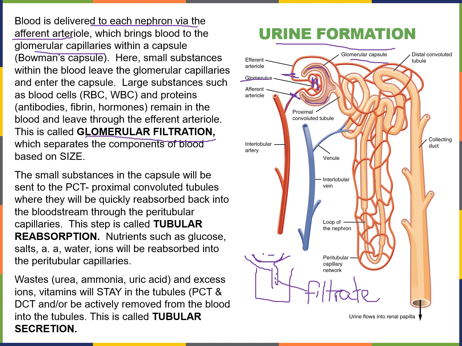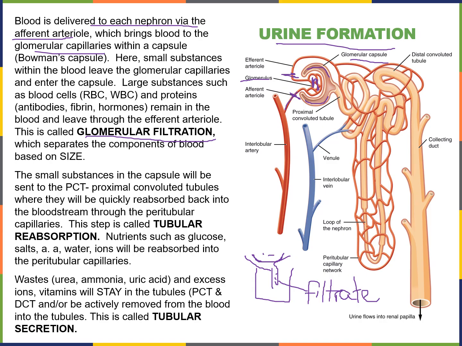Because it's a sieve, just like a sieve in the kitchen, you can have a sieve that has really large holes, or you can have a sieve that has really tiny holes. And a sieve that has really tiny holes will keep much more of the solid substances out if you have a mix of substances there.